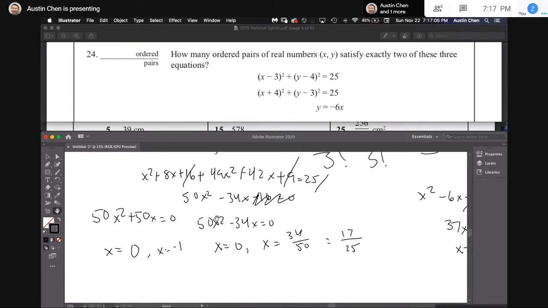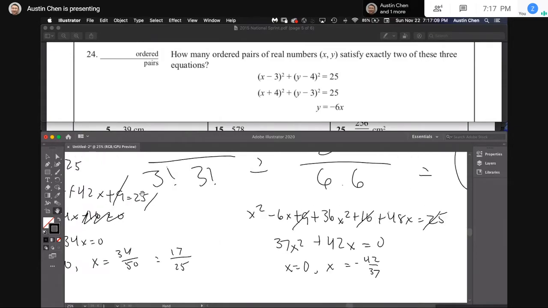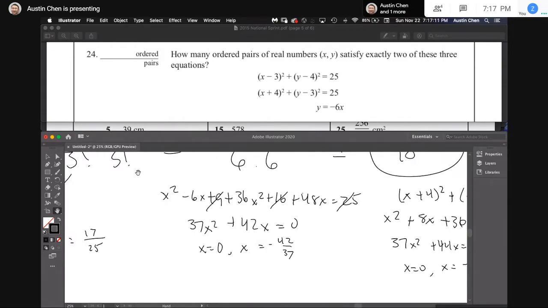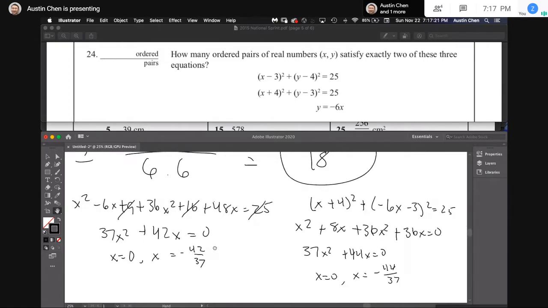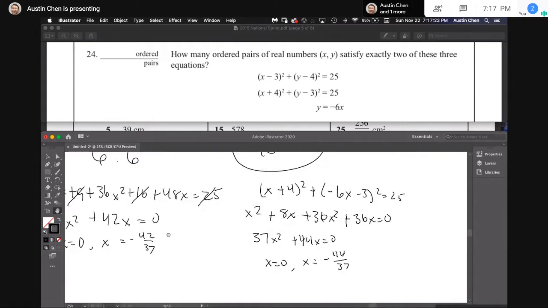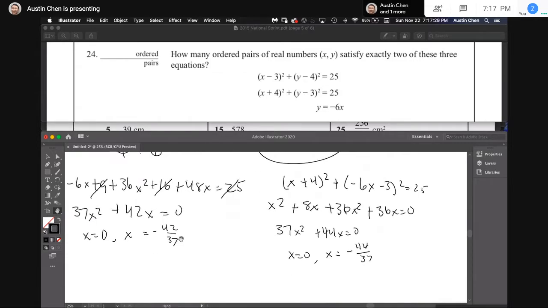For the first and third equation, it was x equals negative 42/37 and x equals 0. For the second and third equation, it was x equals negative 44/37 and x equals 0. Wait, yeah, that's what I got.